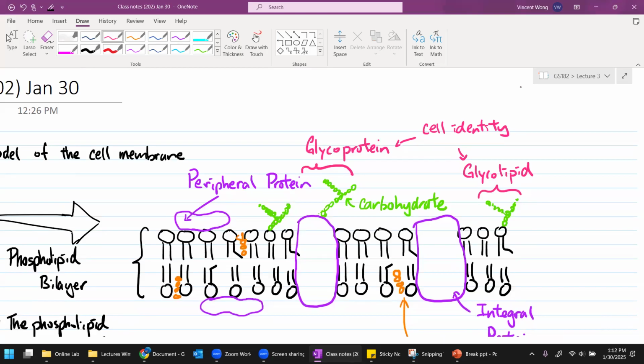How does your body know what belongs to yourself and what comes from outside? Let's say a bacterium enters your body. How does your cell know that it does not belong to the body? So part of the explanation is that they will check the kind of glycoproteins and glycolipids the cell has.